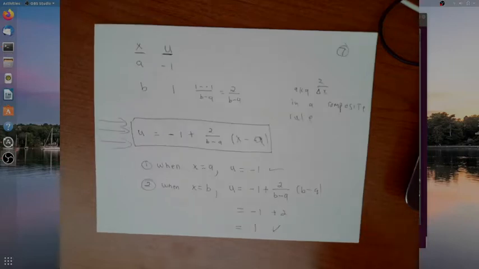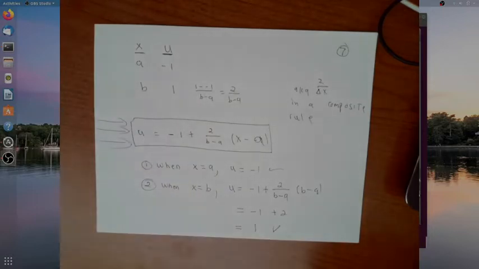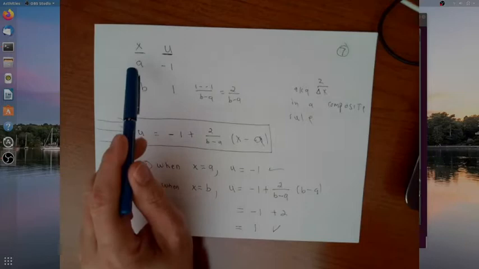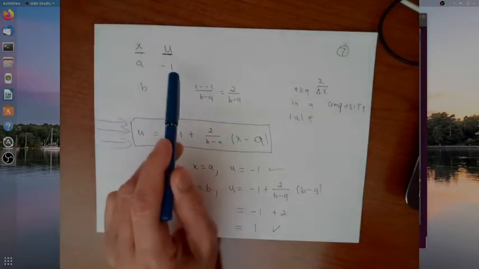So, we'll use a small interpolation table. I have x values, a and b, and I'm going to have function values, which I will think of as being values of this alternate variable, u. When x is equal to a, I want the u to be negative 1.